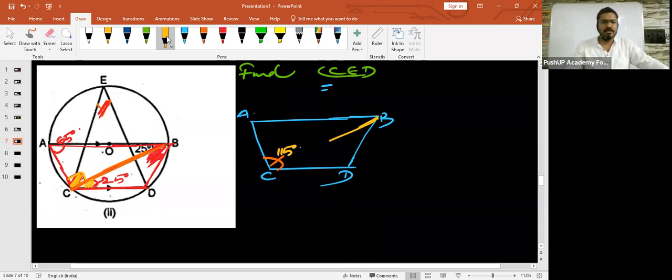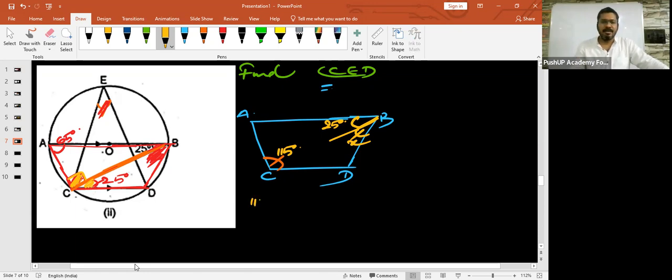How much is this portion? 25 degree. Then how much would be the remaining portion if I assume it to be X? You know that for this cyclic quadrilateral ACBD, the opposite angles should be supplementary.